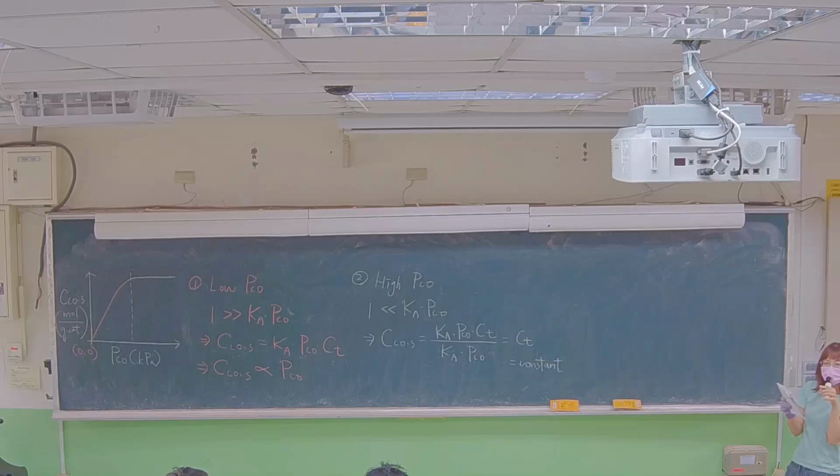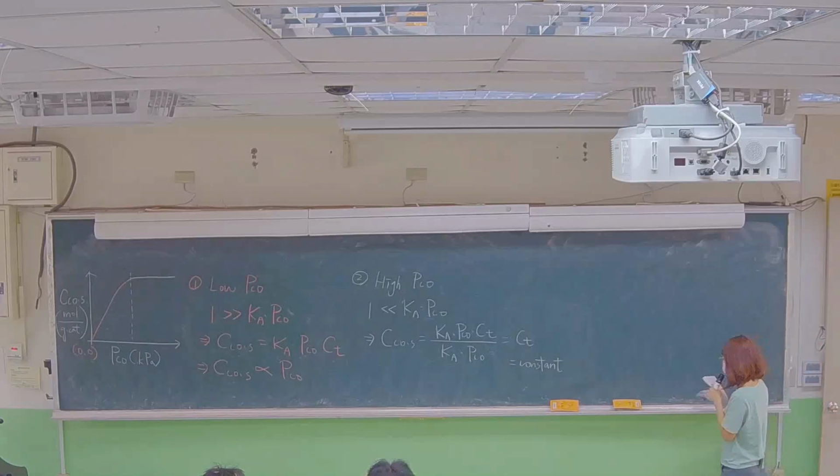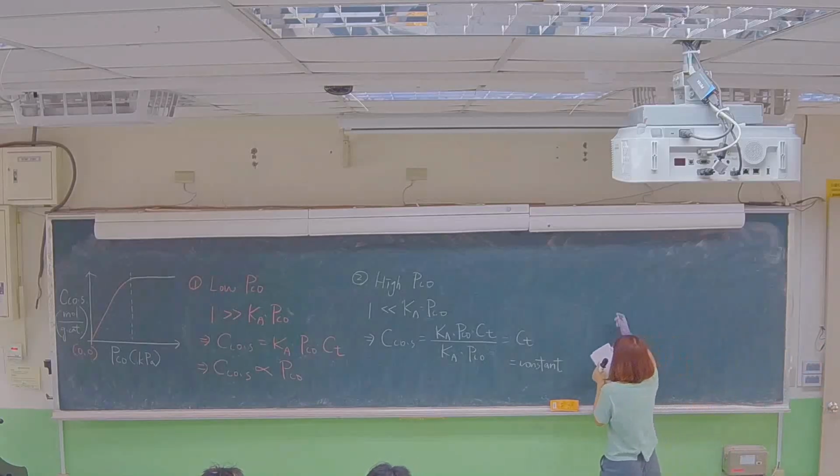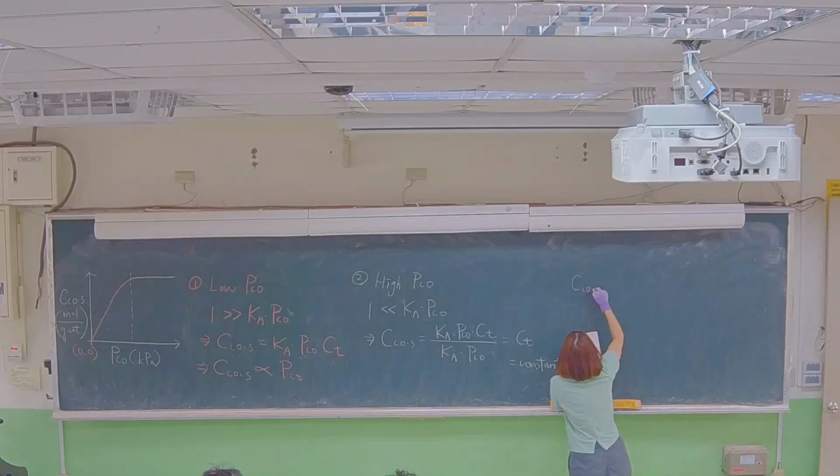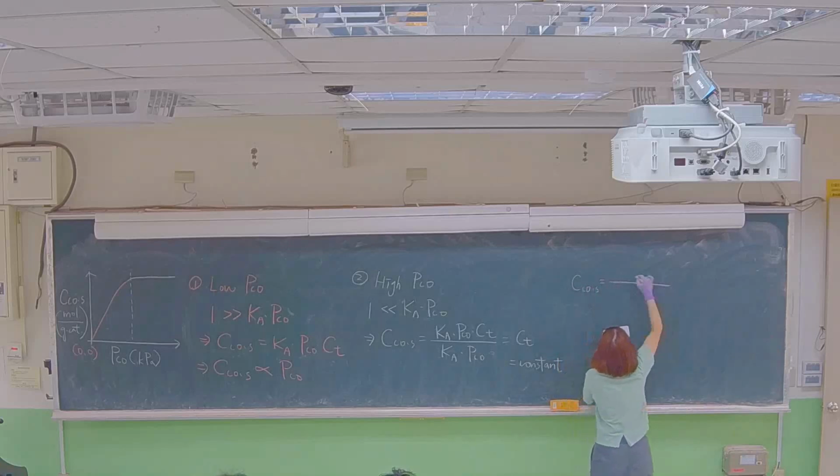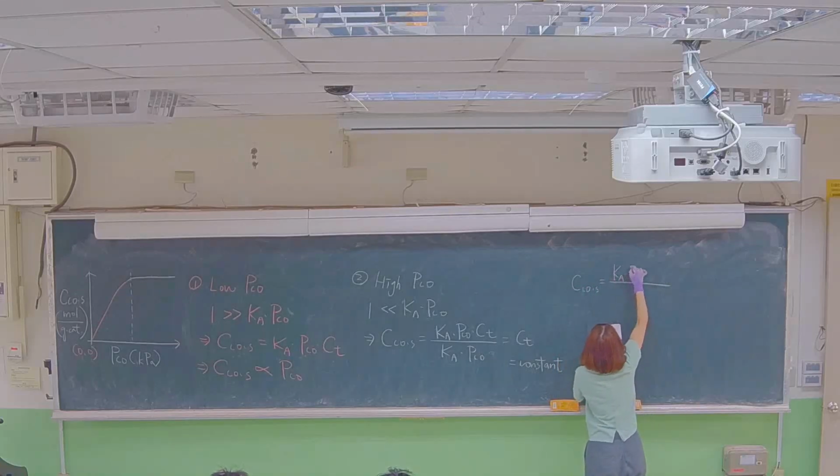Okay, we still have one more plot for this model. Please go to the next slide, slide 37. Checking whether a model predicts the behavior of the experiment. So we need another plot. Here, we begin from the original formula, this one.